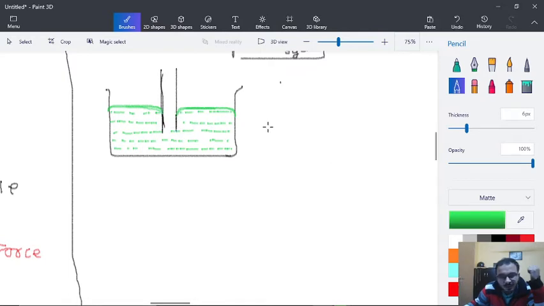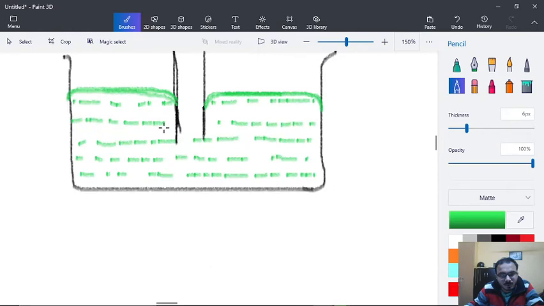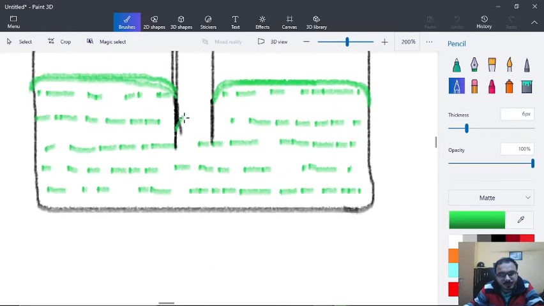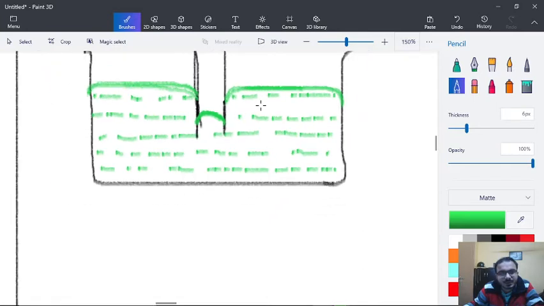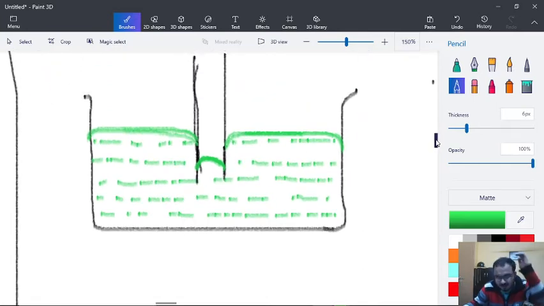And here the fall will be like this. So the level of mercury inside the tube will be lower than the general level of liquid in the vessel, and that is of mercury.